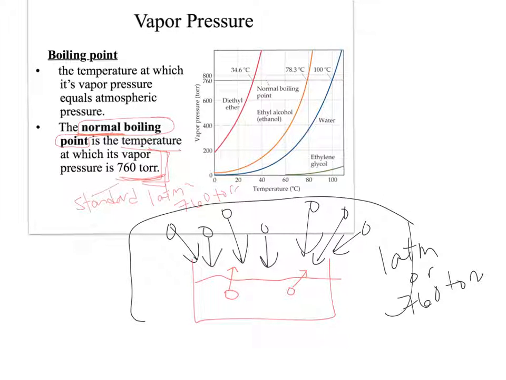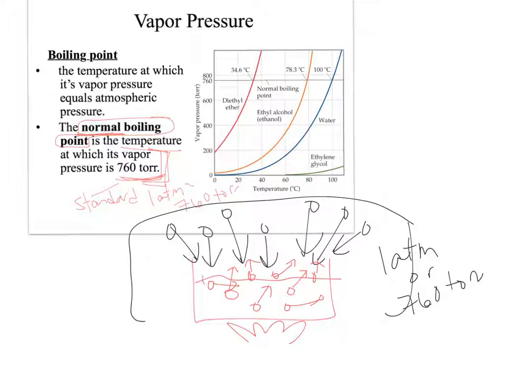So as we heat up our beaker of water, our molecules get more energy, so they start to move faster and faster, and more of them get enough energy to escape.